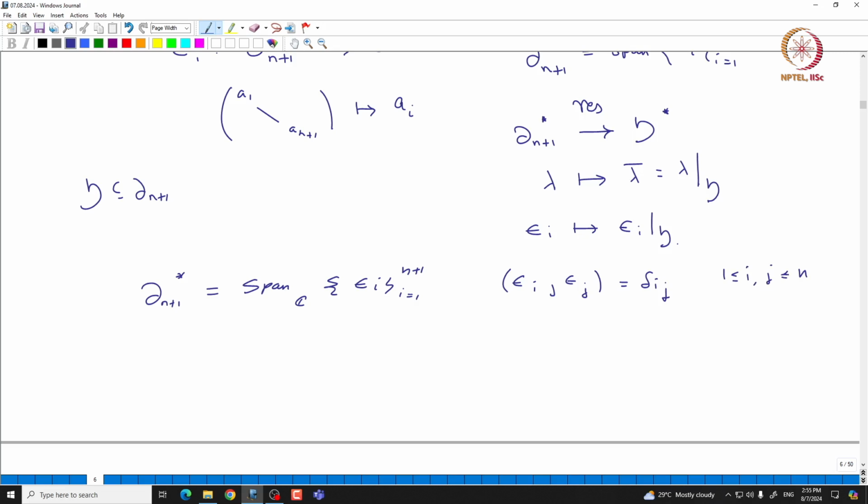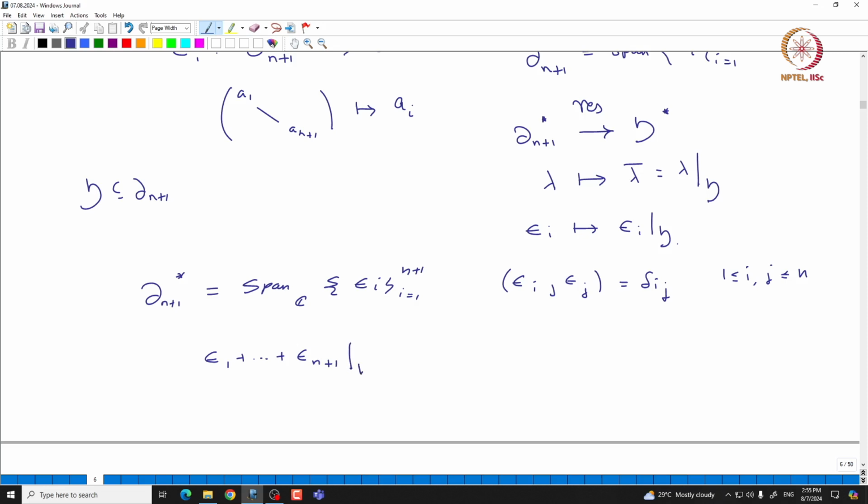And whenever you have this inner product, you can easily see that if you take this particular element, the sum of these epsilon i's, epsilon 1 plus etcetera epsilon n plus 1, this is going to act as 0 on h.